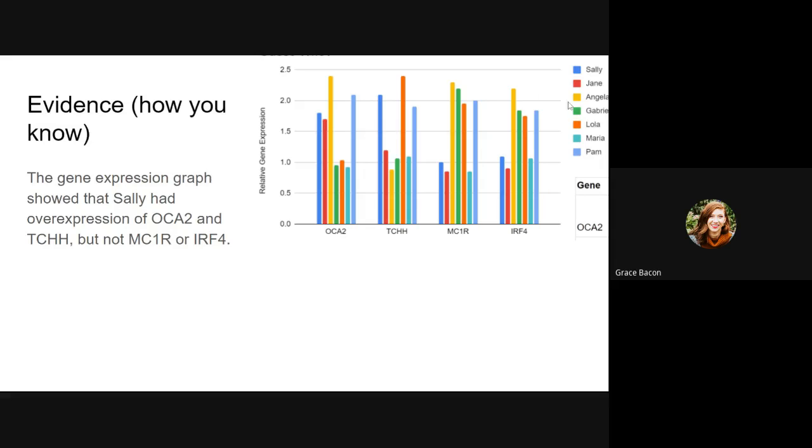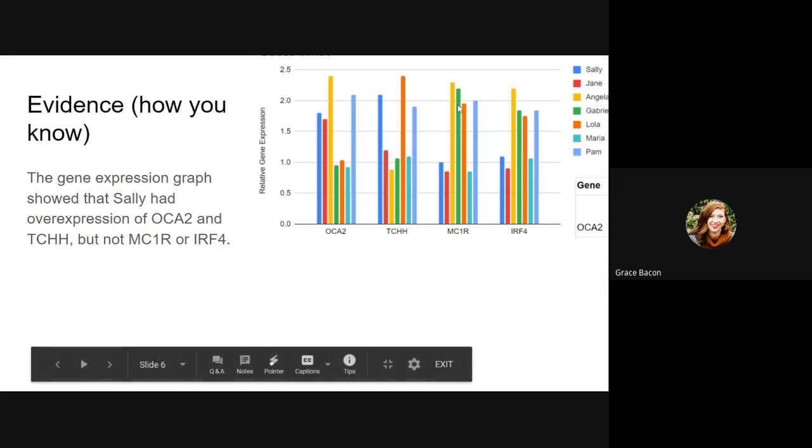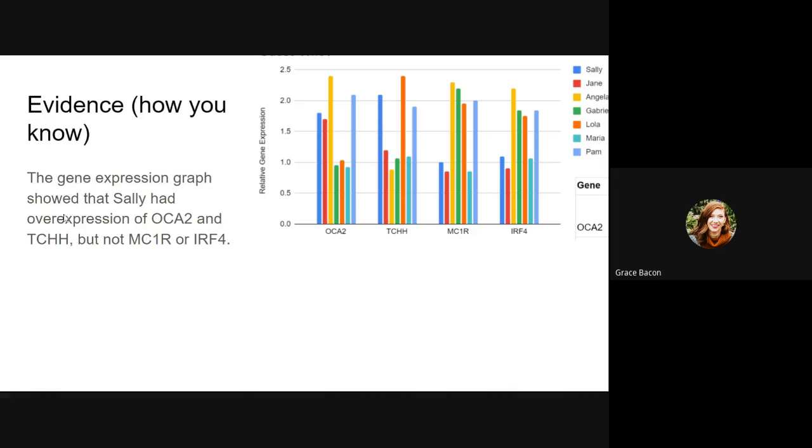I look at the top right and I see that Sally is the dark blue. I read the graph and I see the gene expression graph shows that Sally has overexpression of OCA2 because, guys remember, overexpression means way over 1 and that dark blue is way over 1. So that's how I came to that conclusion.